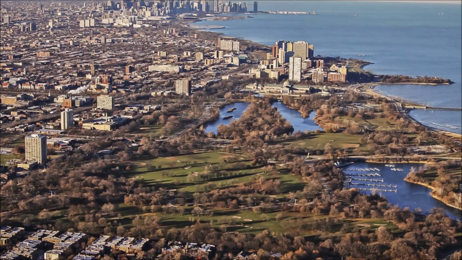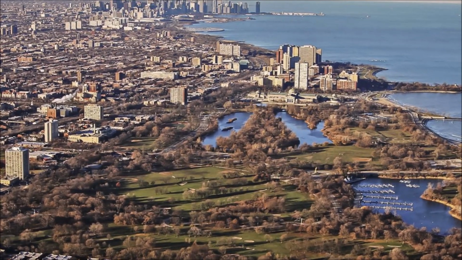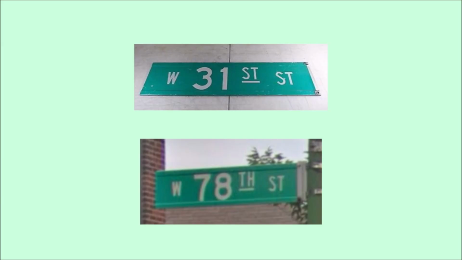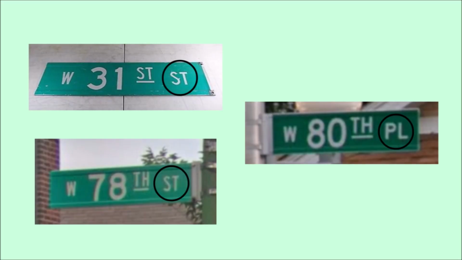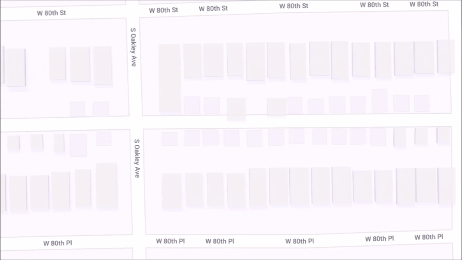Something else that's useful to know is that on the south side, most streets that run east-west just have numbers for names, like 31st or 78th, and of course their number refers to how many blocks south of the center they are. They all have the category of street, except for some that have the category of place. These such places are streets located on a half-block coordinate, and are the next roads directly south of their identically numbered street counterparts.